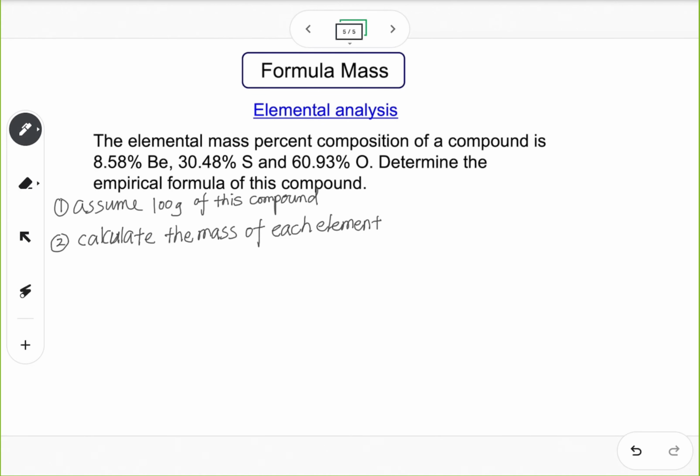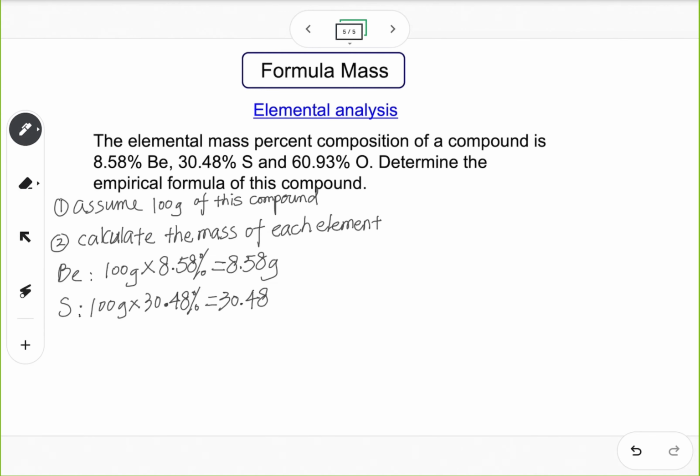For beryllium, that will be 100 grams times 8.58%. Okay, so that will give you 8.58 grams beryllium. For sulfur, 100 grams times 30.48% equals 30.48 grams of sulfur.